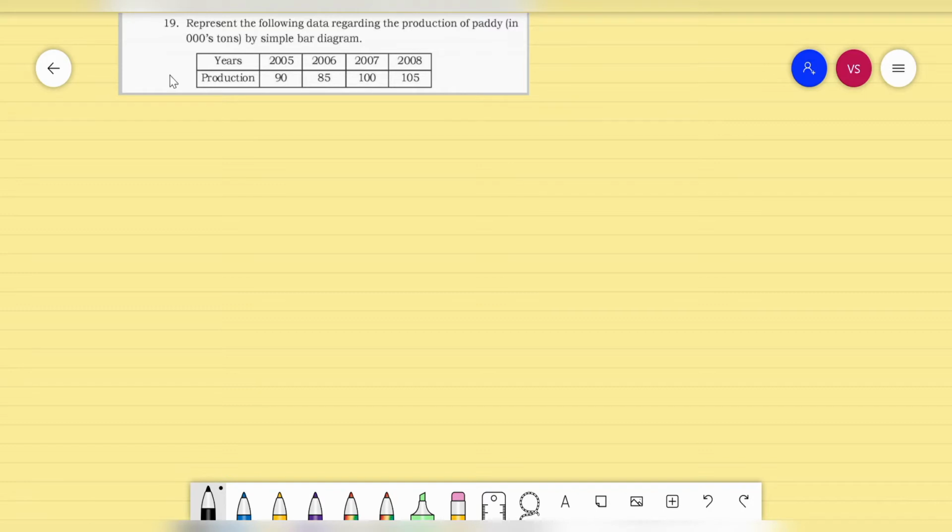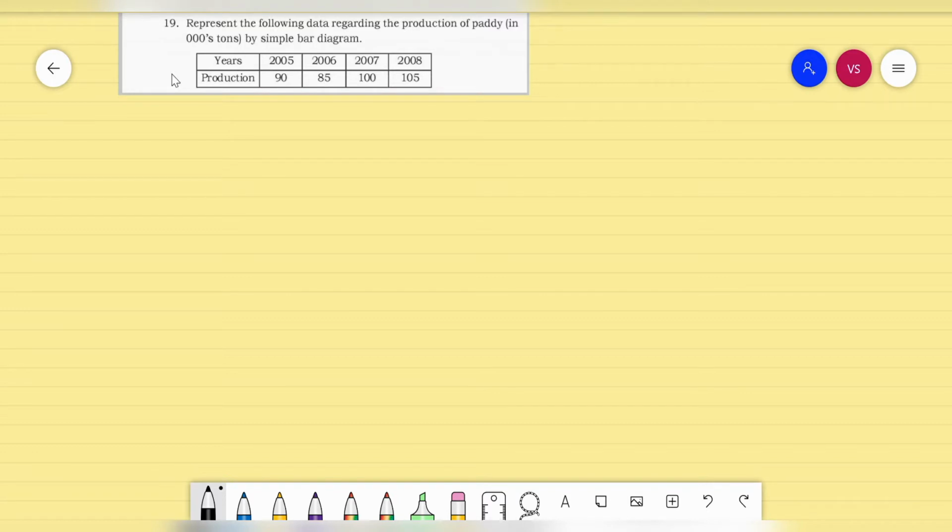In one-dimensional diagrams, there are four diagrams that we need to study: simple bar diagram, component bar diagram, multiple bar diagram, and percentage bar diagram. I've explained roughly how to do those diagrams, but today let's take one data set and see what they have asked.